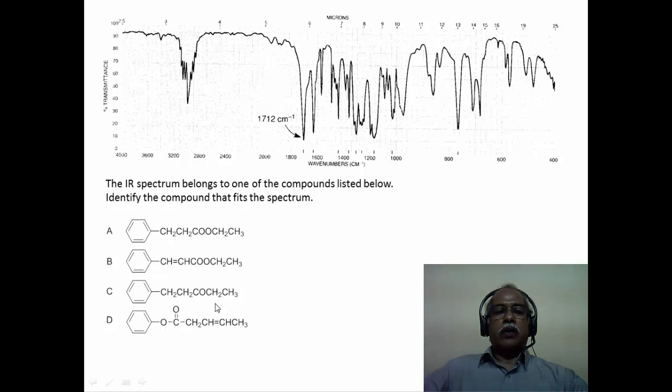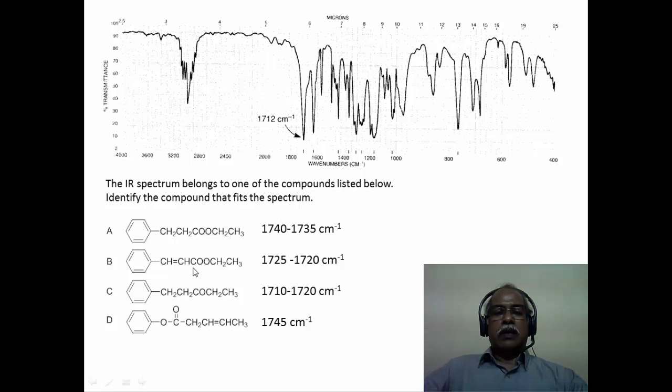So if one were to look for an alpha beta unsaturated ester, the saturated ester comes around 1750, 1740 inverse centimeter frequency, and if it were an alpha beta unsaturated system, it will come around 1720 or so. So one can expect the saturated ester to be ruled out because the carbonyl stretching frequency is actually seen at 1712. So this can be ruled out.